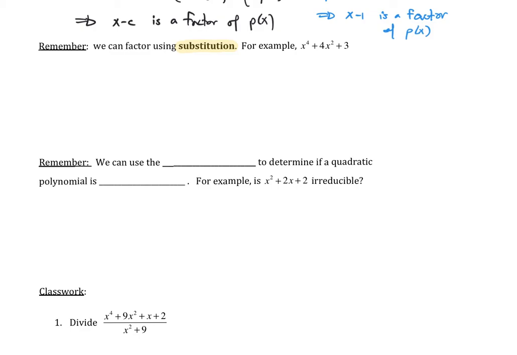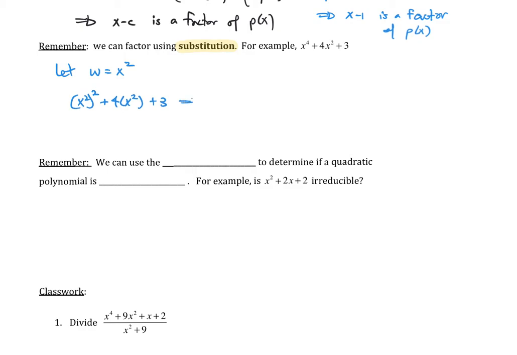Why don't we let w equal x squared? Let's first rewrite this as x squared quantity squared plus 4 times x squared plus 3.